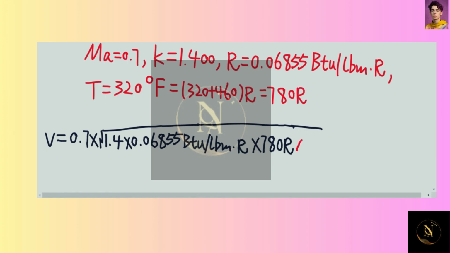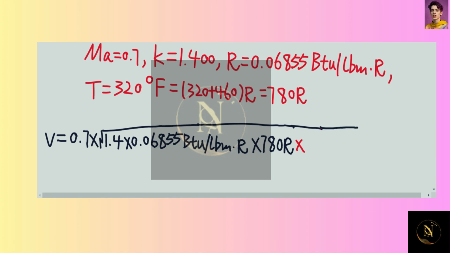But remember, we need to convert it to feet per second. So we need to convert the units, British thermal units per pound mass, to feet squared per second squared under a square root. And the conversion is something like this.